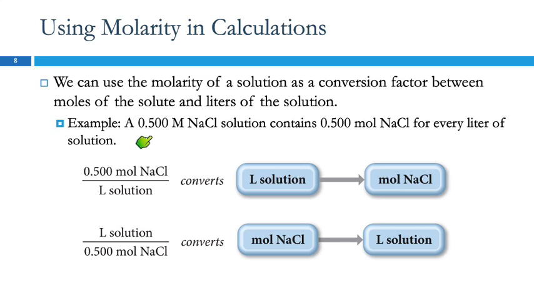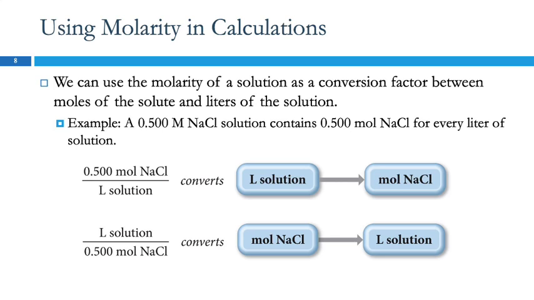So here, if we have a 0.500 molar sodium chloride solution, that means there's 0.500 moles of sodium chloride for every 1 liter of solution. So using it this way, we can convert from liters of solution to moles of sodium chloride. If we turn it upside down, we can convert from moles of sodium chloride to liters of solution.